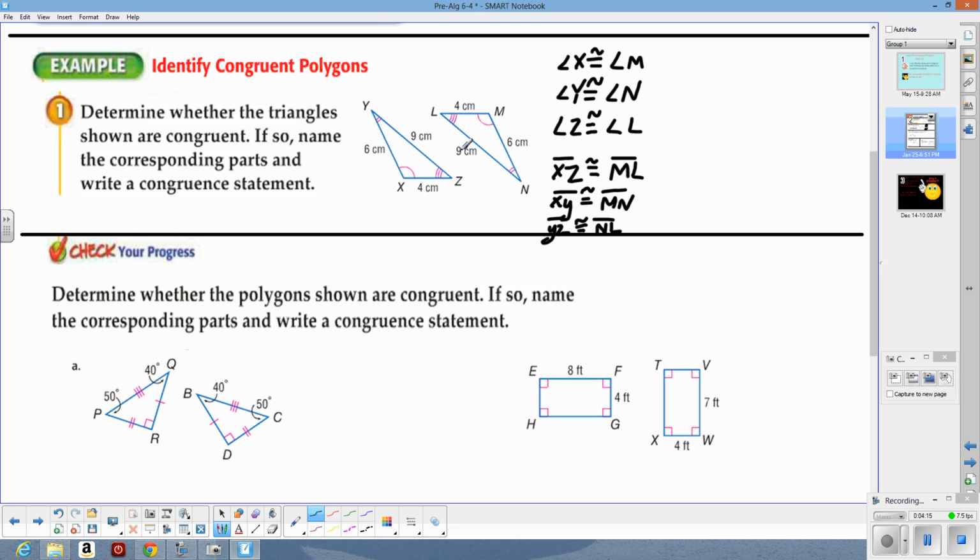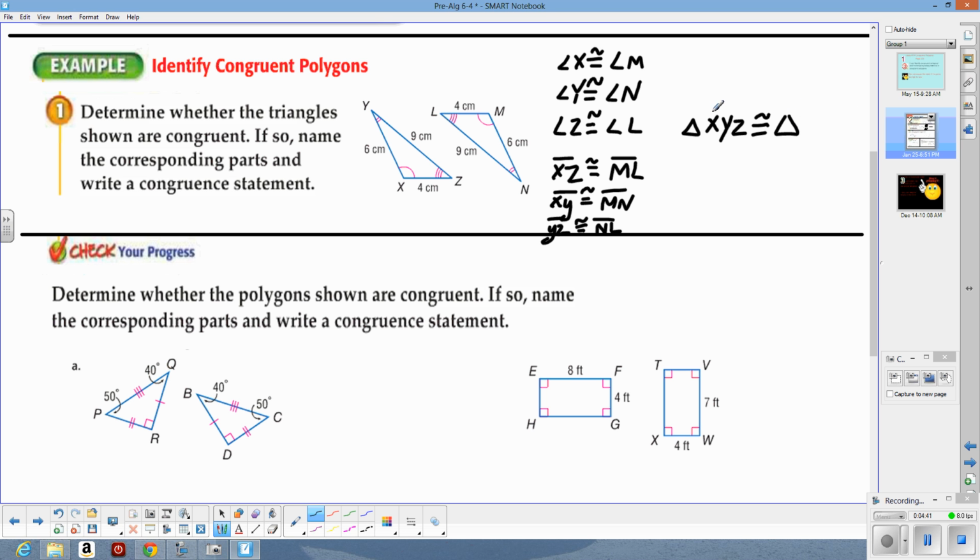Now, because they're congruent, I can write a congruence statement. The congruence statement looks like this. Triangle, I'm going to call this one XYZ, is congruent to triangle. Now when I name the second triangle, I have to match up corresponding angles.